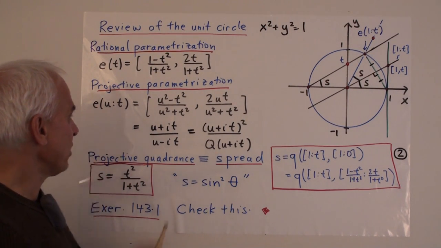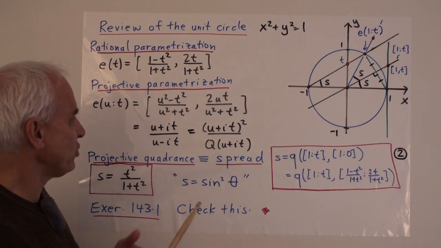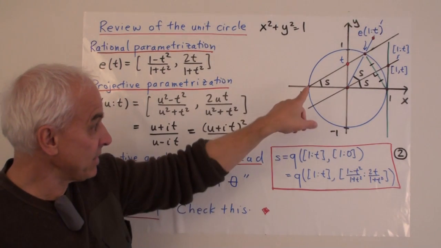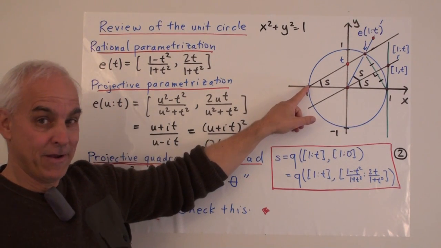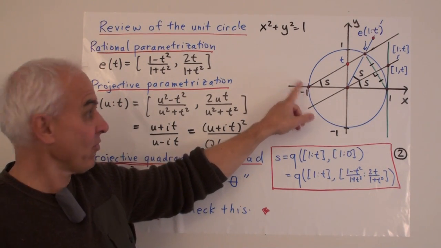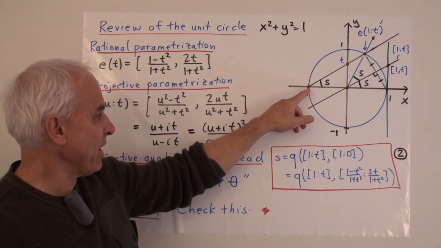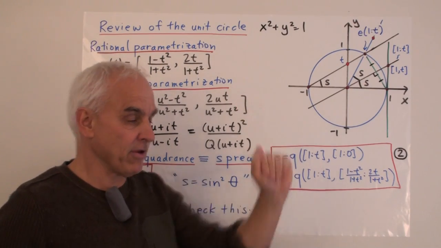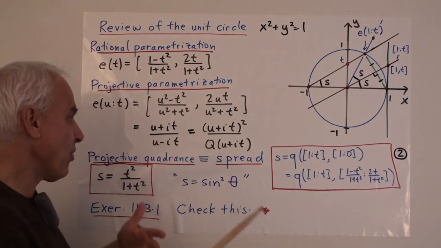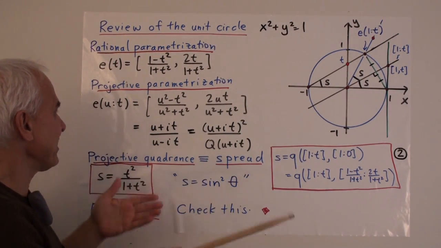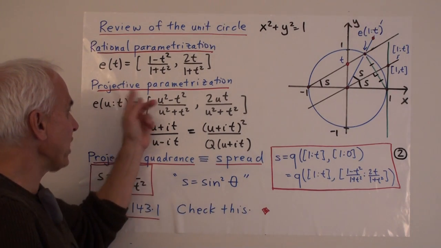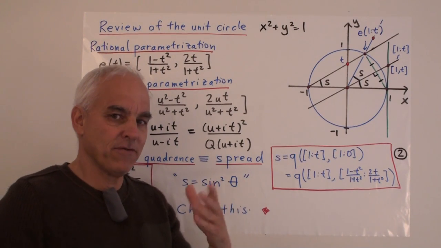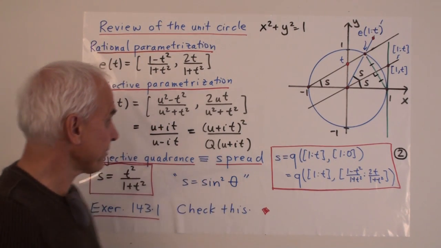A few videos ago, we looked at generalizing this a little bit, because this is a little bit imperfect in that this particular point here plays a singular role with respect to this parametrization. It corresponds to t equals infinity, which is maybe a little bit nebulous. So the way to overcome that difficulty is to move to a slightly more general projective parametrization, which brings out the importance of the projective line again.